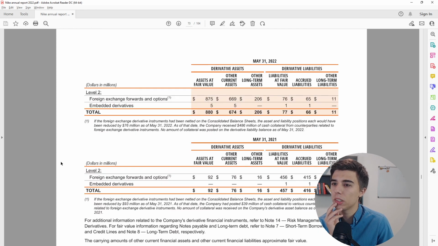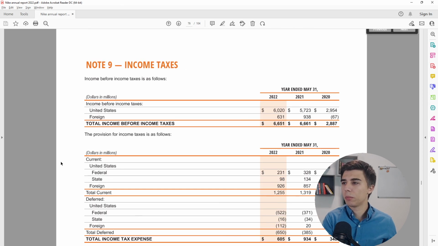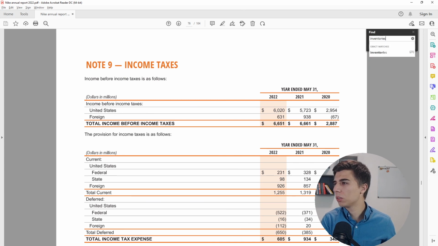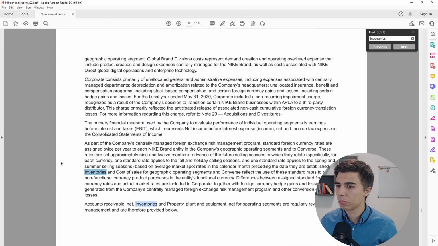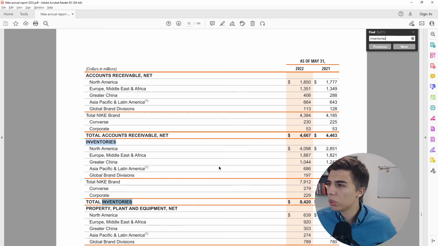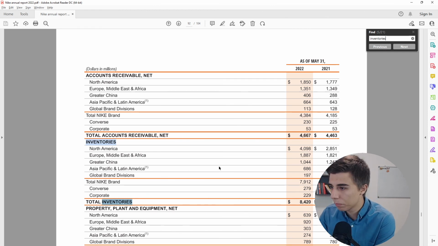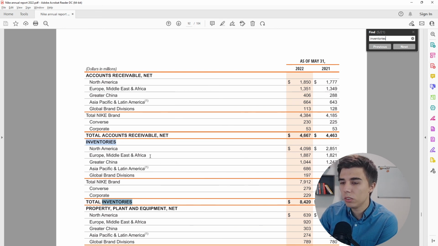Accrued liabilities. Long-term debt. Let's search for inventories. Maybe we'll find something here. Here's inventory. So this is also interesting. You see, inventories, we have a huge increase in North America.